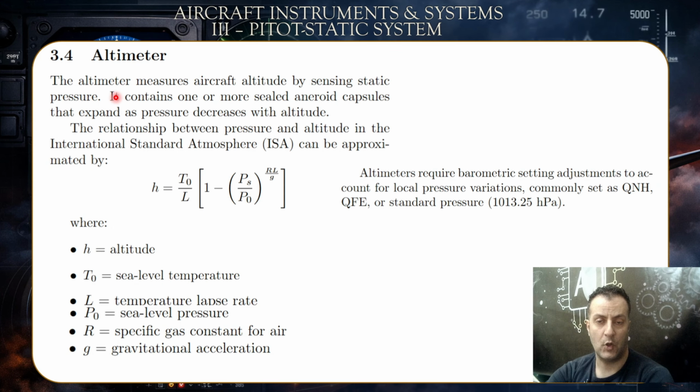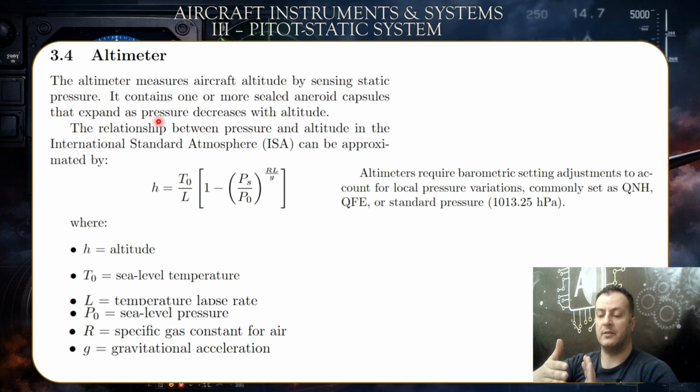Altimeter: the altimeter measures aircraft altitude by sensing static pressure, correct? It contains one or more sealed aneroid capsules that expand as pressure decreases. Why?